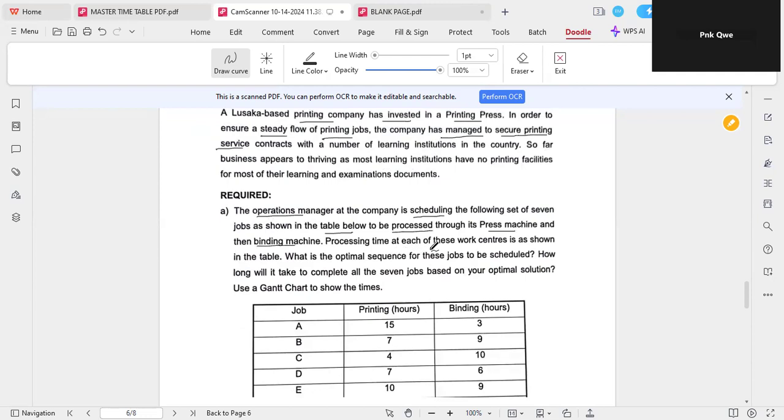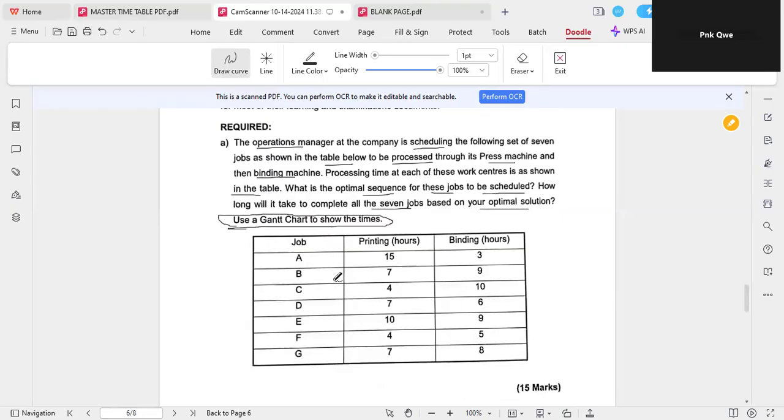Processing time at each of these work centers is as shown in the table. What is the optimal sequence for these jobs to be scheduled? How long will it take to complete all the 7 jobs based on your optimal solution? Use a Gantt chart to show the times.